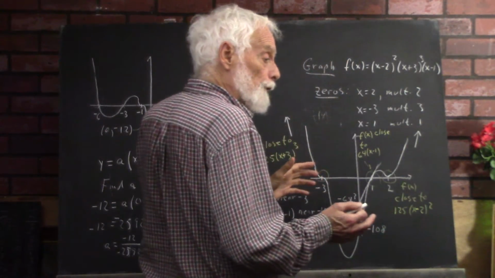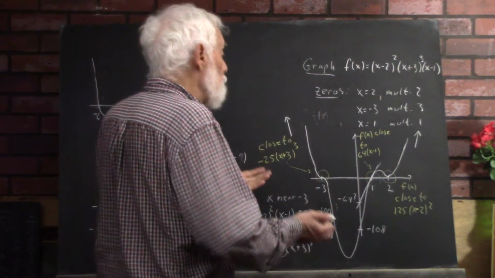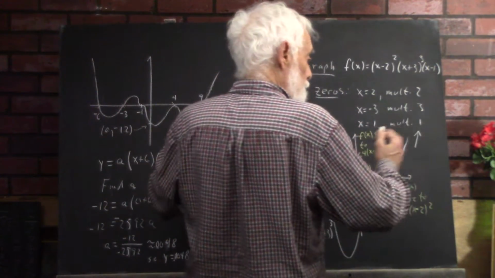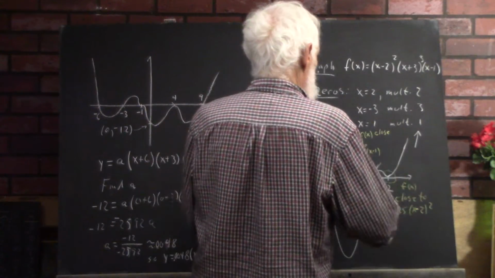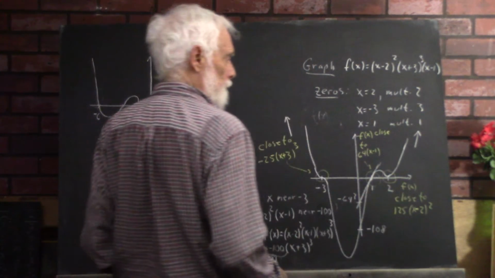You multiply those out, you get an x to the 6th. That's your leading term. So we're going to have a graph that acts like x to the 6th if you look at it a little further out from the region where you have the zeros.